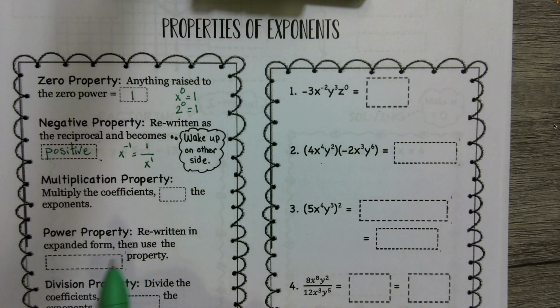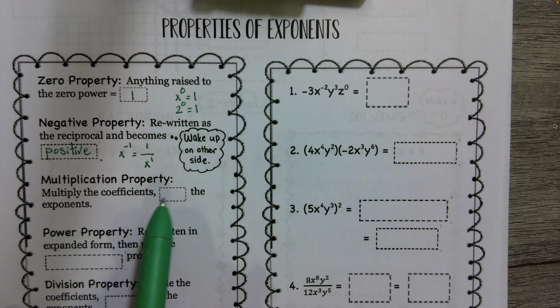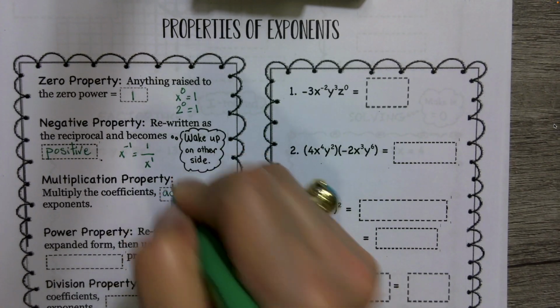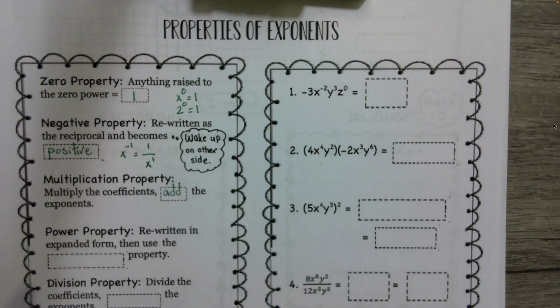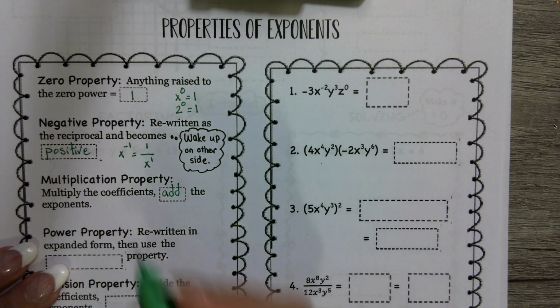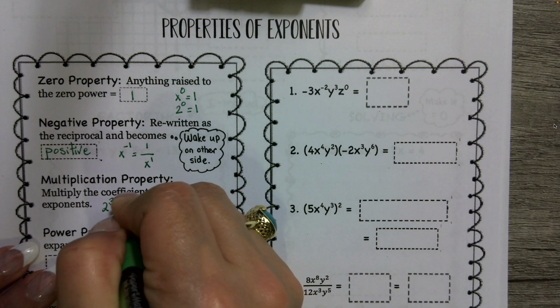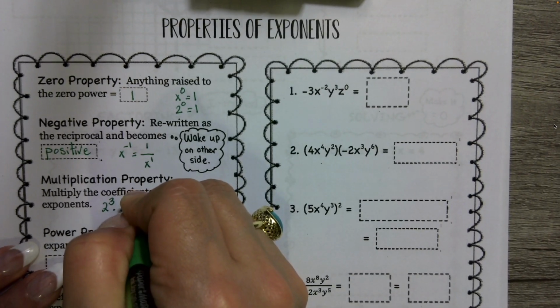Okay? Multiplication property. Multiply the coefficients, add the exponents. Okay, what do I mean? So I have 2 to the third times 2 to the fourth.